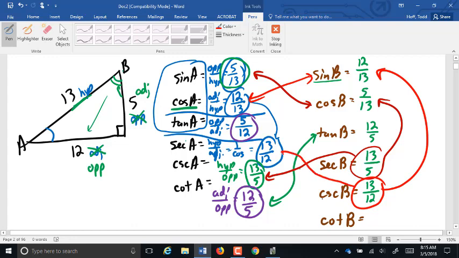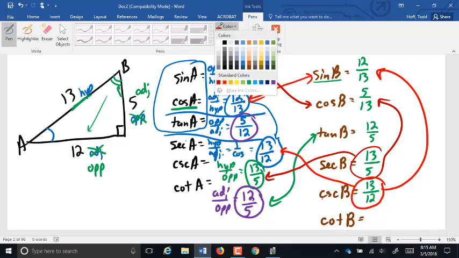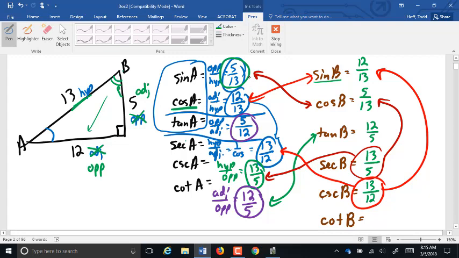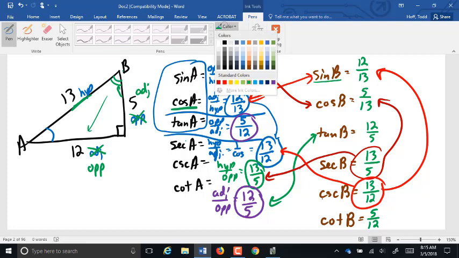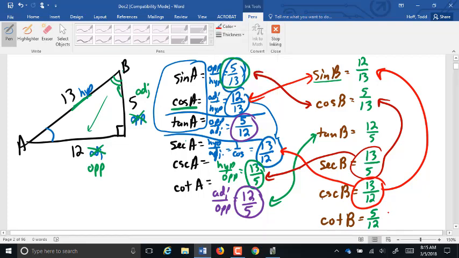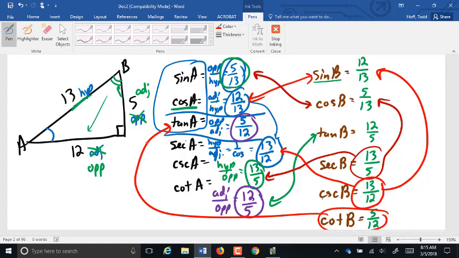It's also equal to the secant of A. Cotangent is adjacent over opposite. The adjacent side is 5. The opposite side is 12. You will notice cotangent is equivalent to the tangent of A. You'll also know that it's the reciprocal of the tangent of B. There's a lot of different relationships going on here.